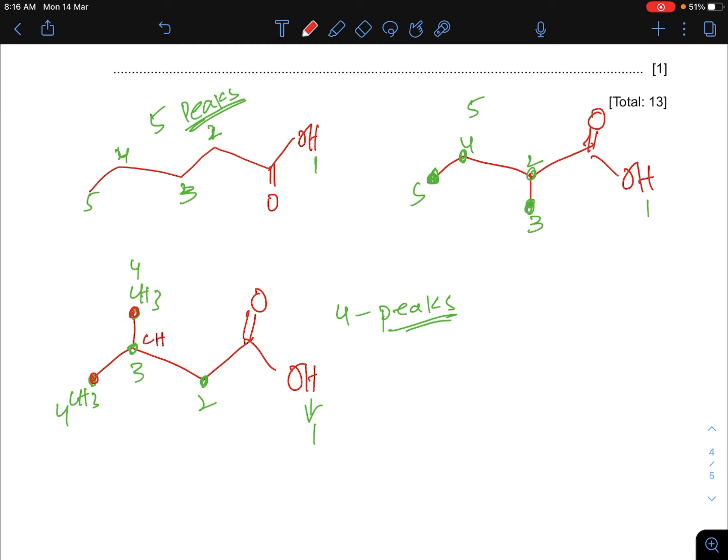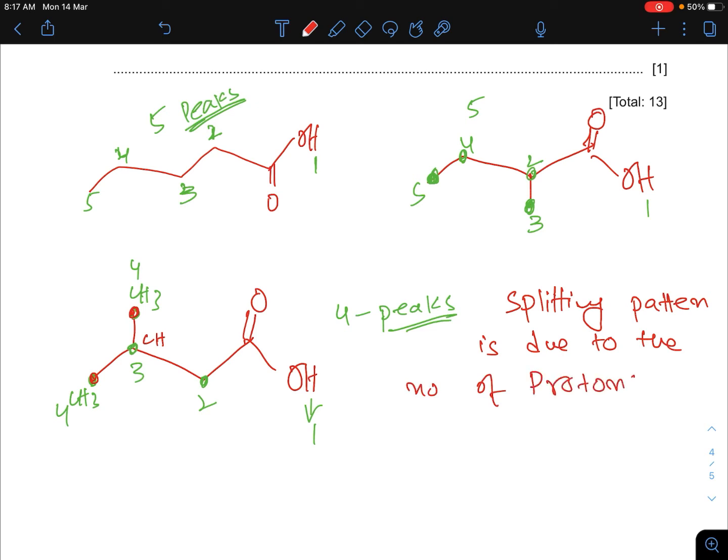I hope everyone knows that the splitting pattern is due to the number of hydrogens on the neighboring carbon, right?